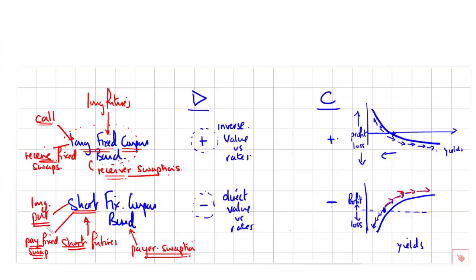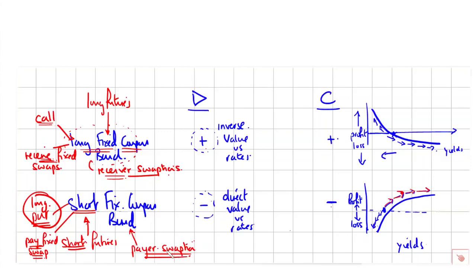On that basis, we've already established, with care, we trod carefully, and said a long put has got a negative duration and negative convexity, and a payer swaption will bring the same exposure because it's essentially like the right to enter into a short fixed coupon bond position and a long floating bond position. Okay, so this is a crucial vista.